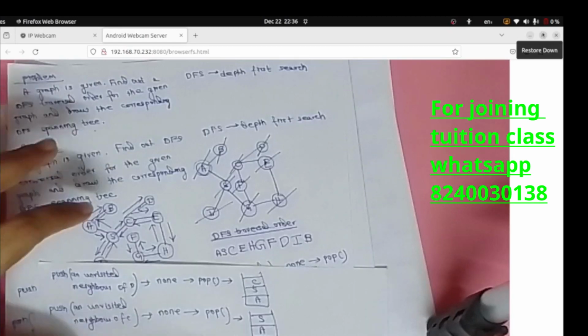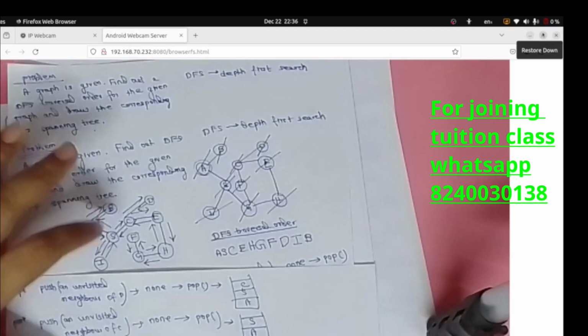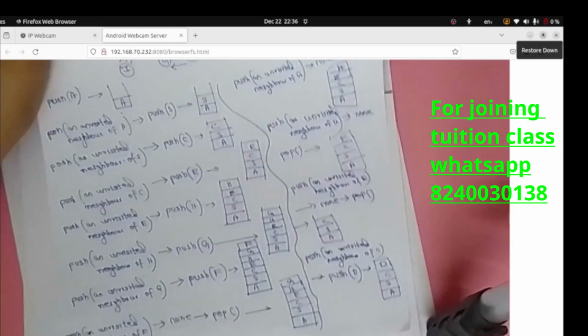But now, if you want to draw the tree only, that means the vertices and their edges only, then the tree will look like this. So what will be the content of the tree?